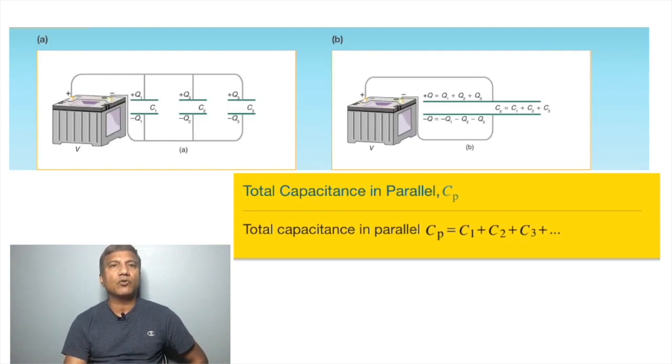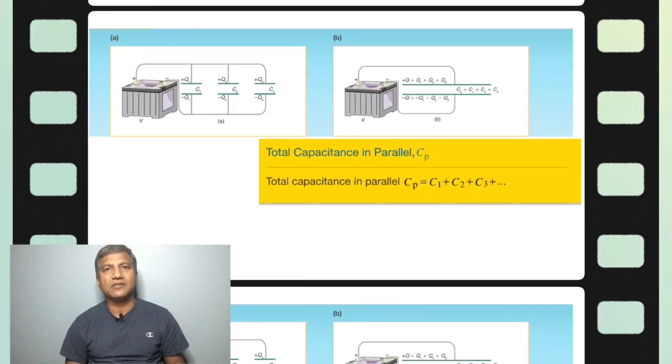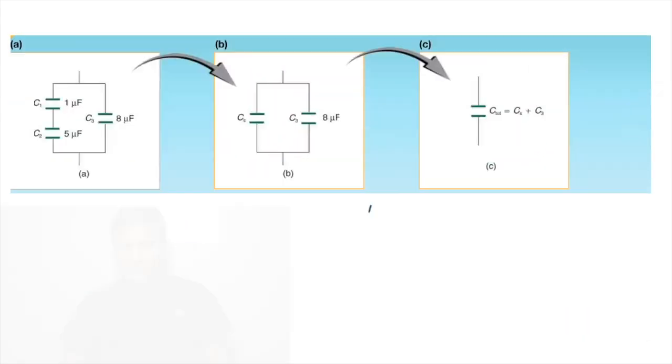And to find the total capacitance, we just add the capacitances. That means to replace all these three connected in parallel, we just had to have a capacitance which had the sum of all the three. So that's the formula for total capacitance of capacitors in parallel.